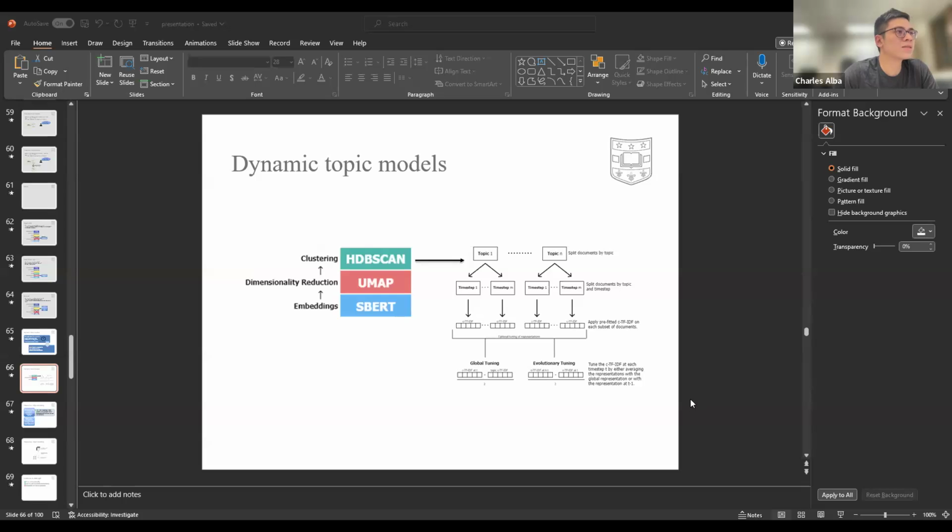Oh, I'm so sorry. Is this it? Yes, dynamic. So you said you can input all of the data into the model and then do the clustering. Then how to do the time series analysis? Okay, I'm just about to show that.